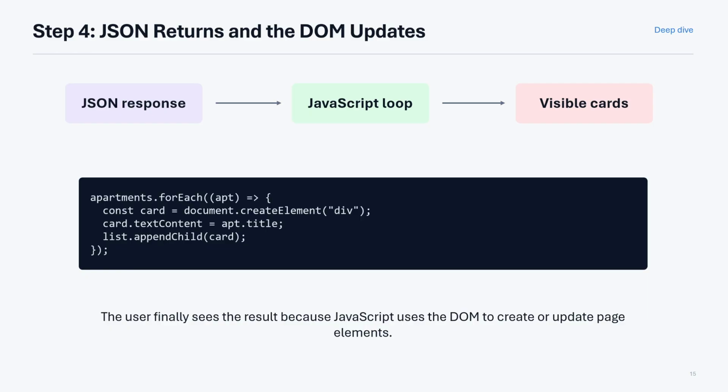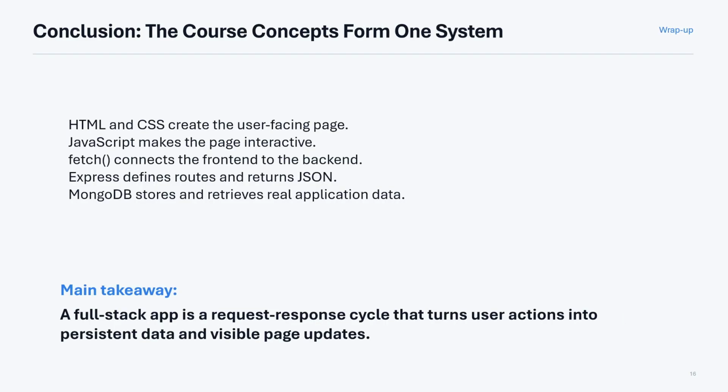So basically, I imagine the data as a traveler. Every time it enters a new part of the application, it gets a new passport stamp. So first, the data is plain text in an input. When JavaScript reads it from the DOM, it gets a browser stamp.